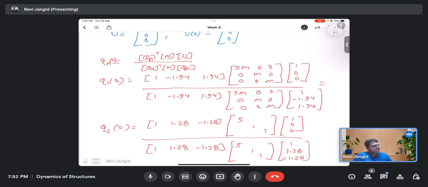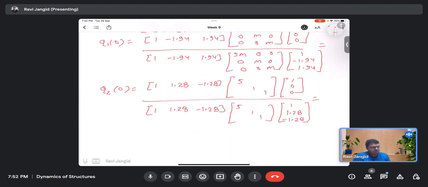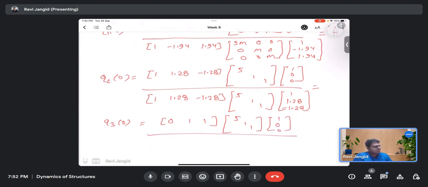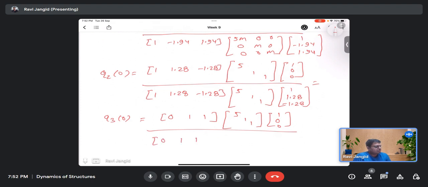So this also get me. And for q3, the mode shape is 0, 1, 1, with the mass matrix 5m, m, m, and the initial condition 1, 0, 0, again over 0, 1, 1 times the mass matrix times 0, 1, 1.